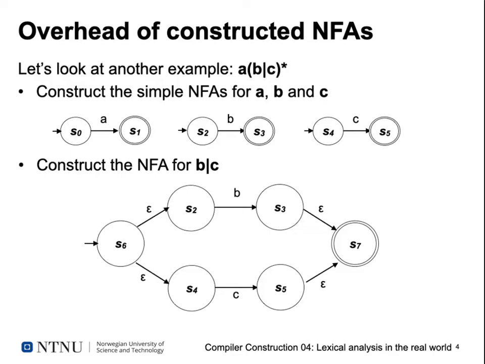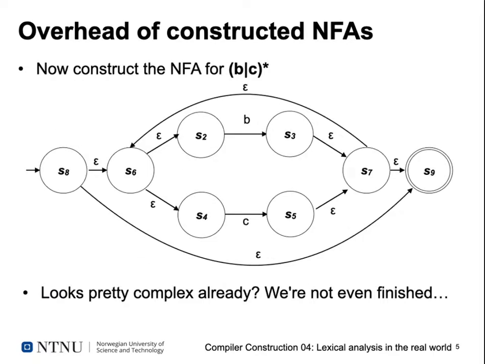So now we have to construct a bigger automaton to detect the rest of it. Now we want to add the Kleene star operator, so we want to enable 0 or more iterations of either B or C. And we've seen how to do this. We need to construct a bypass first from a new initial state to the accepting state directly, because we can have 0 characters in our string, so it means we directly go from start to end without consuming any character, and that would be a valid string matching B or C star.